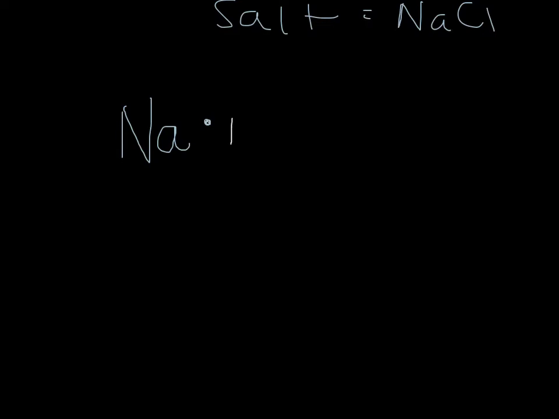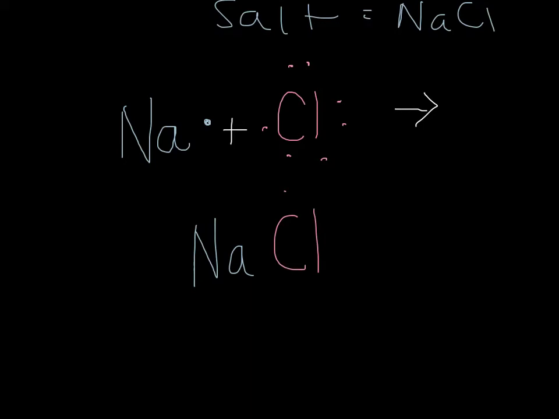If we combine it with chlorine, who has 7, we wind up, it yields sodium chloride, which looks like this. We have our 7 chlorine electrons around chlorine and 1 sodium.